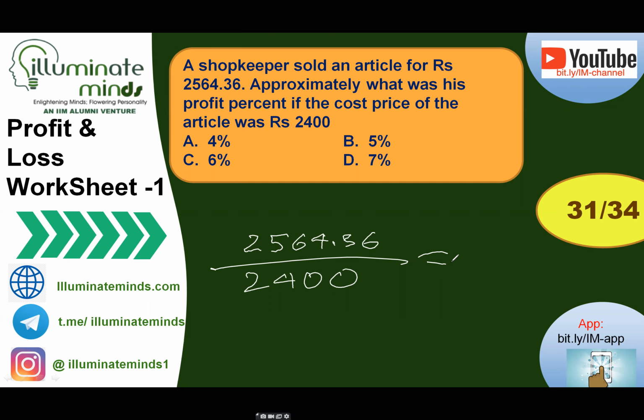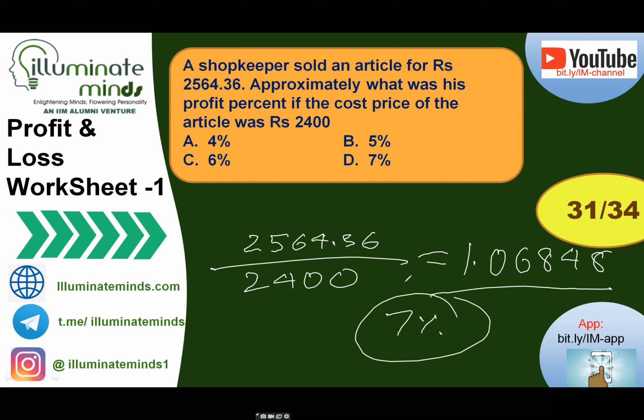So this is equal to 1.068438848. So this is equal to 7% profit. Option D is the correct one. Is this okay, guys?